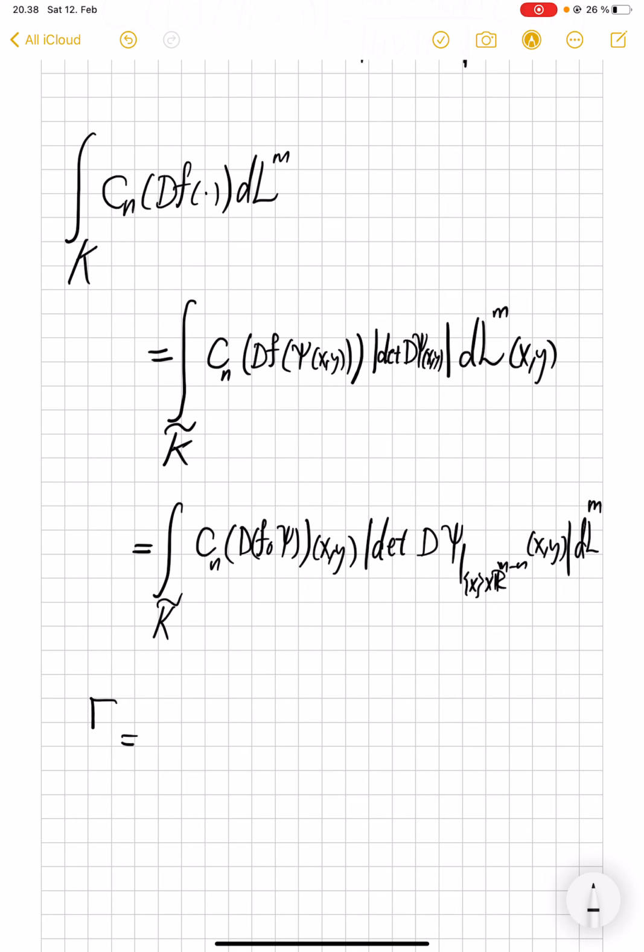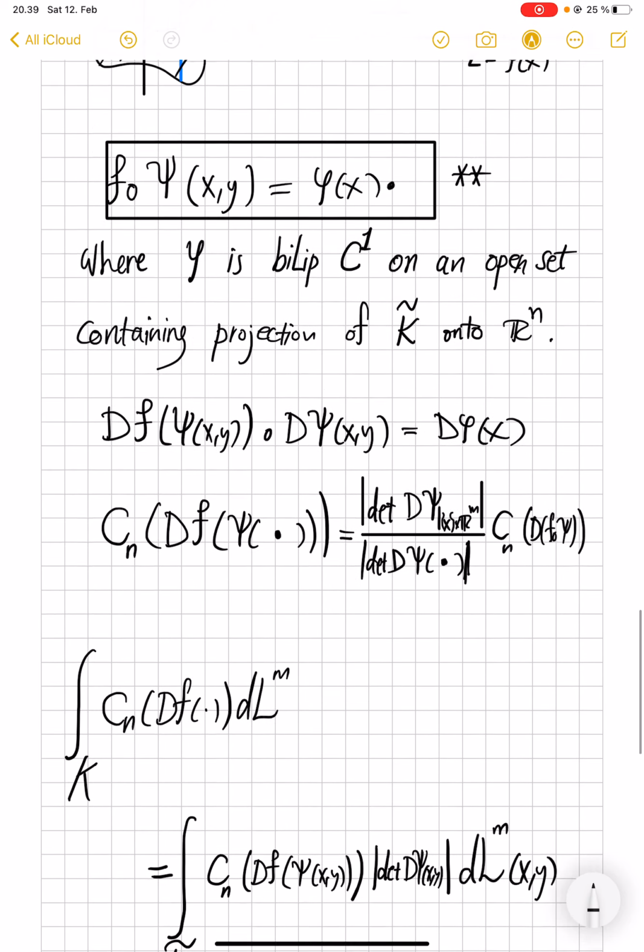Now I use Fubini, and that allows me to integrate first over the projection of K tilde onto R^n, this horizontal projection. That may be a confusing term: projection onto the horizontal space, or R^n. And this will be d lambda n of x.